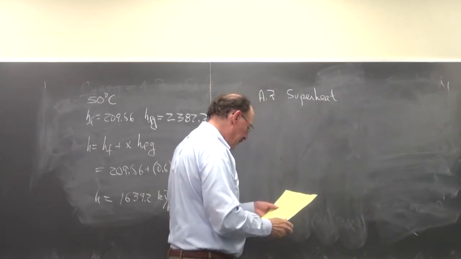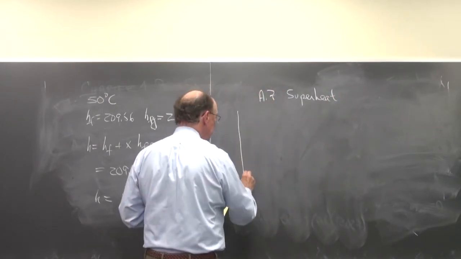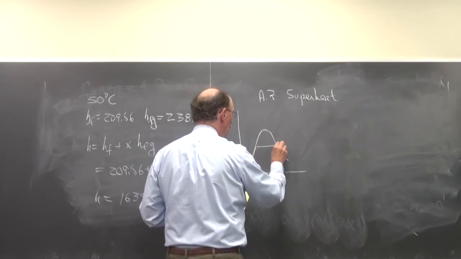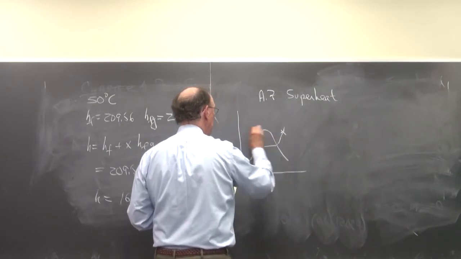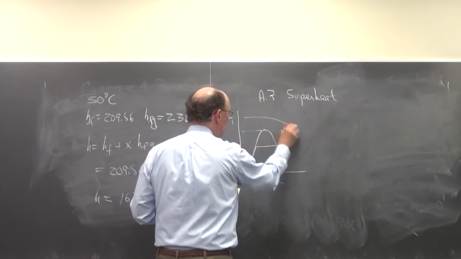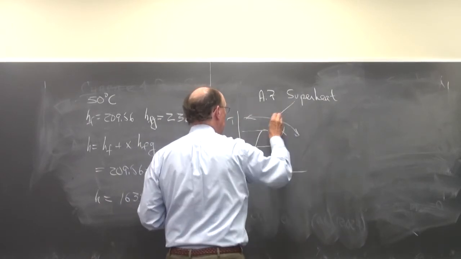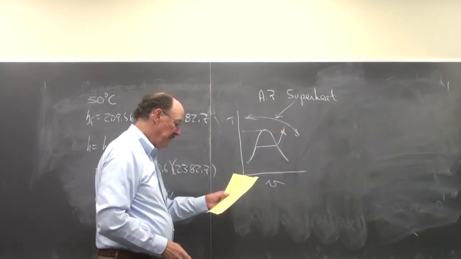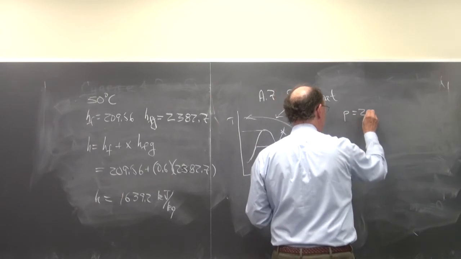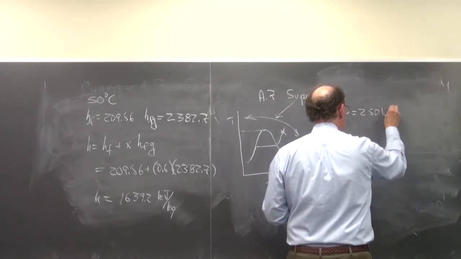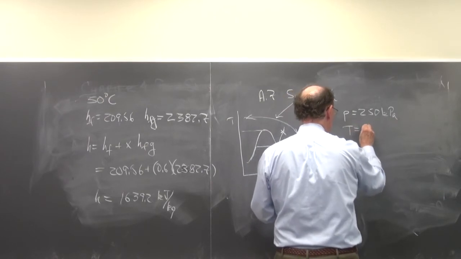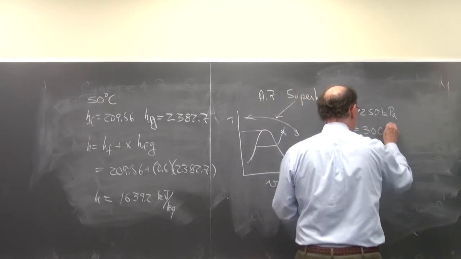So if I look at properties there, and I know in the T-v diagram, we're up here somewhere, and this is all the superheat. So let's say that P is equal to 250, so we'll use the value we had before, 250 kPa. And we'll pick T is equal to 300, which we had also, 300 degrees C.